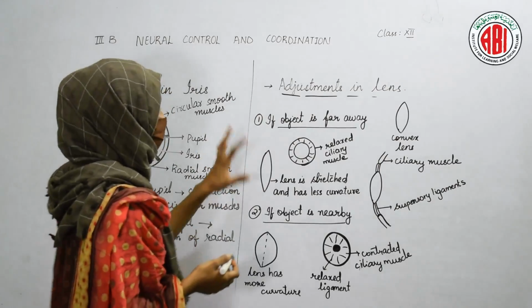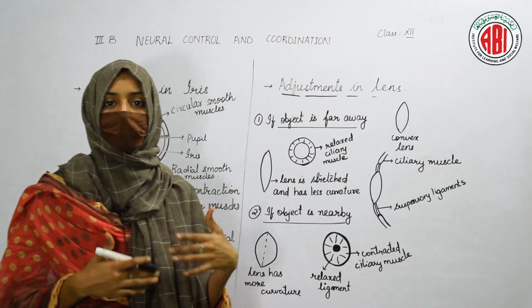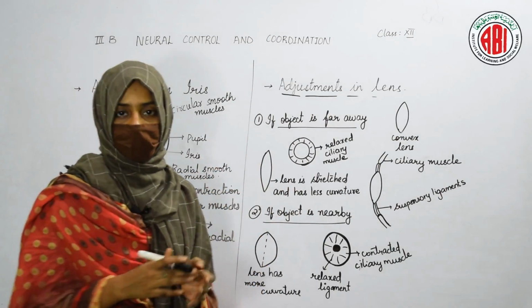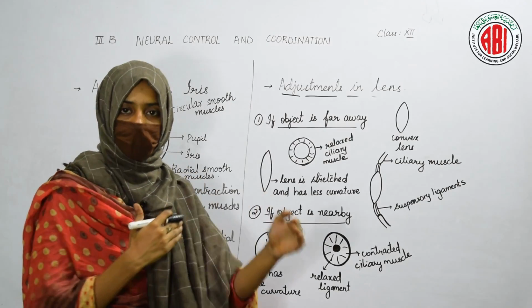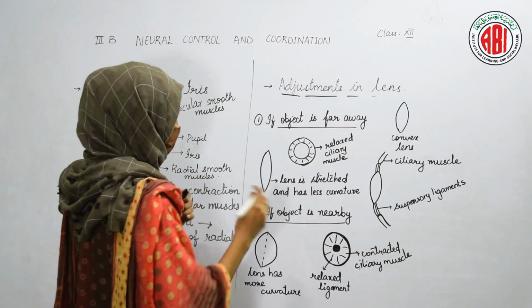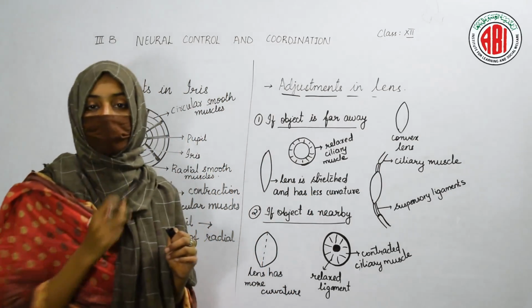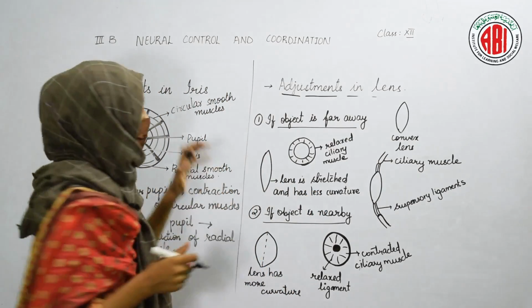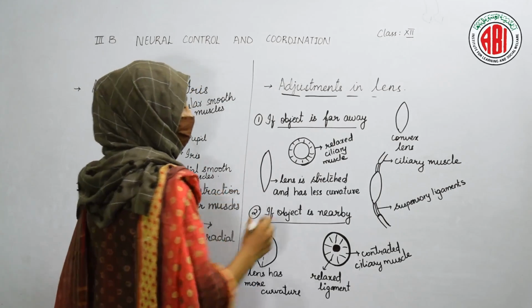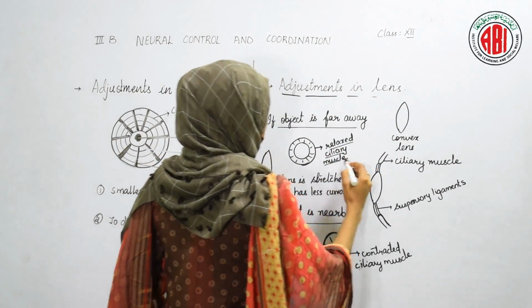Now let us see what will happen if you want to see an object that is present far away from you. If the object is far away from you, then the lens is stretched and the curvature of the lens becomes less. How does it happen? It is due to the relaxation of the ciliary muscles.